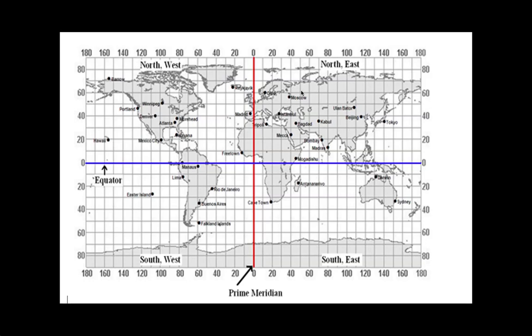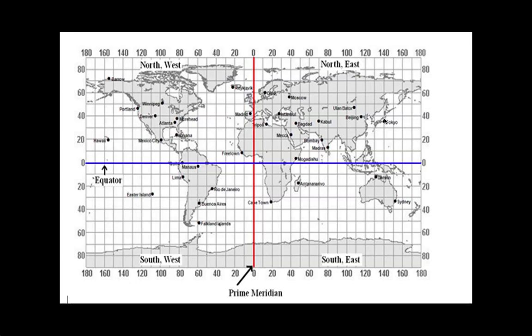Our longitude, we're to the east of the prime meridian, so it's going to be east. We're right on 140, right? 140 degrees east. So we have 35 degrees north, 140 degrees east. All right, so do the rest of those, and then we'll talk about the answers in a few days.